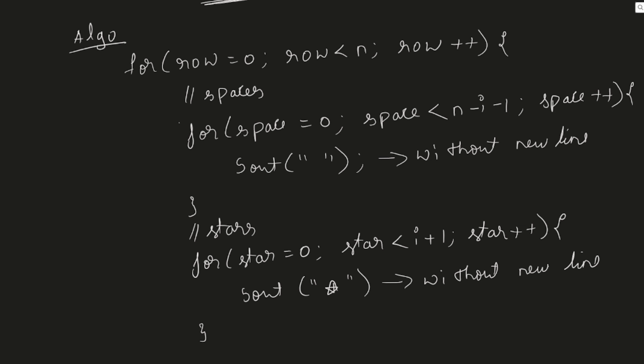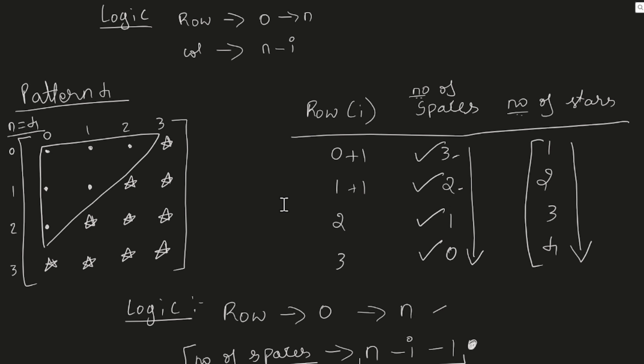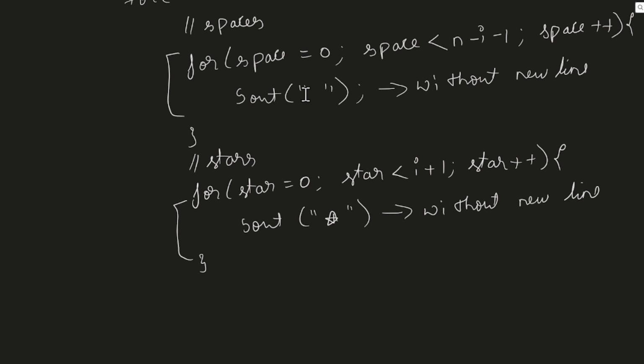We are done with printing spaces and printing stars. If you closely observe the pattern, after completely printing the spaces and stars, we need to print a new line character in every row. We just need to add a new line character here. That's it. We are done with this pattern.